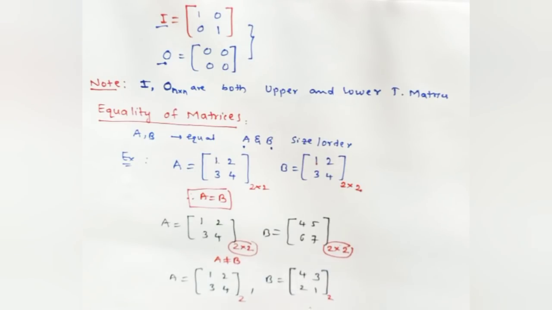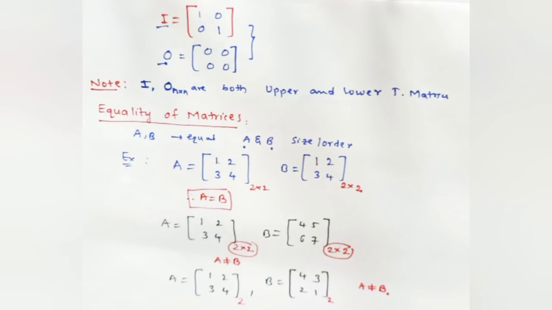Now you can observe the elements of A and B are same, but the corresponding elements of A and B are not same. Therefore, we cannot say these two matrices are equal. These two matrices are not equal, but they are equivalent matrices. So two matrices are equal if and only if the size or order of the matrices is same and the corresponding elements of both the matrices are same.